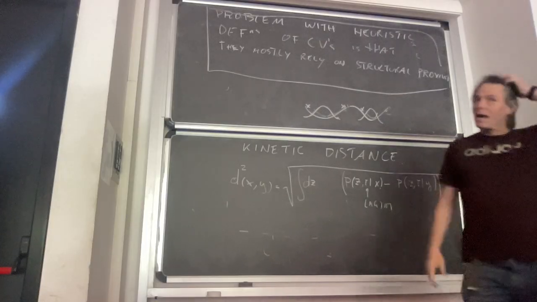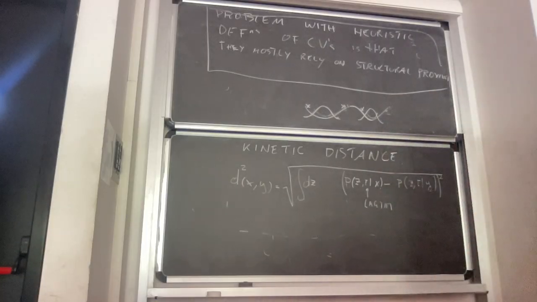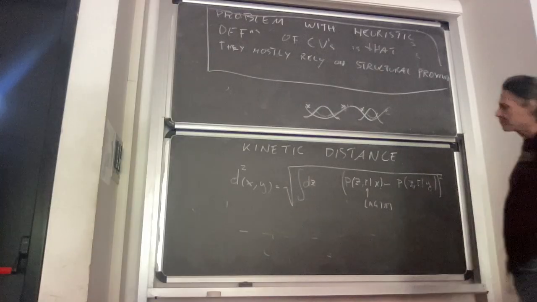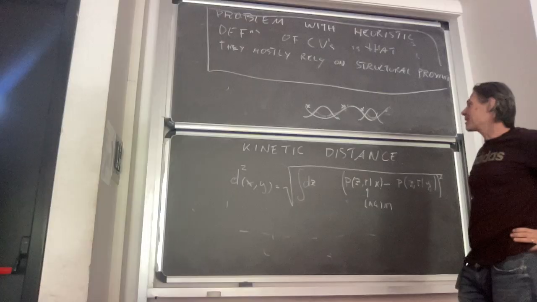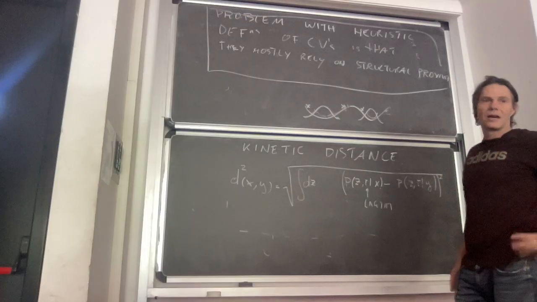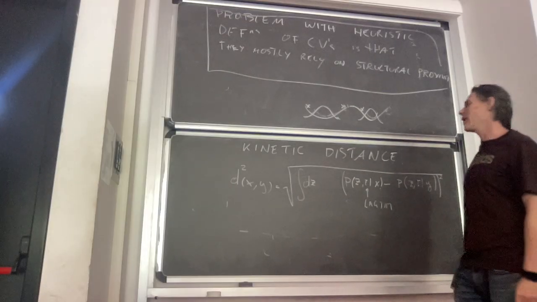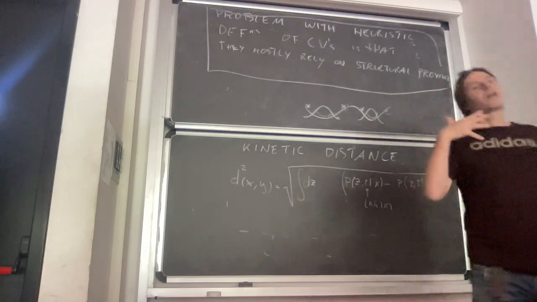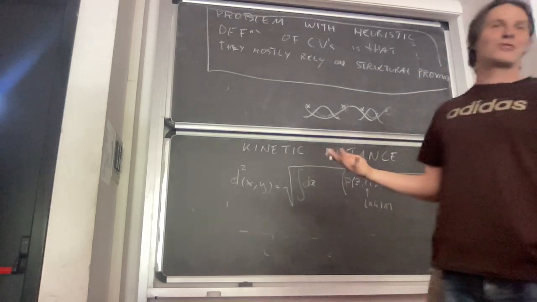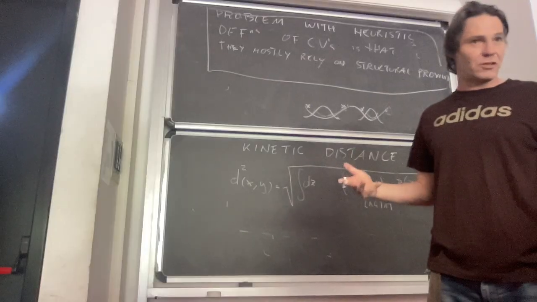But now, it is almost a complete definition, except that we would like to avoid rescaling away the fact that if I wait long enough, everybody converges to the same boring distribution, the Boltzmann distribution.